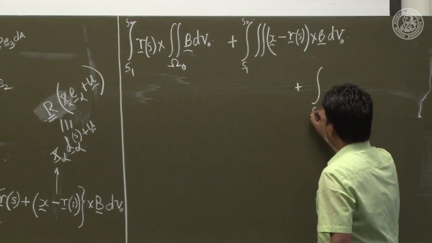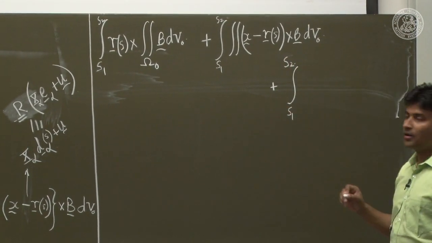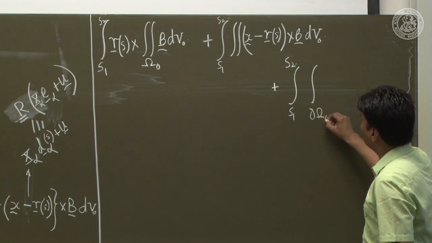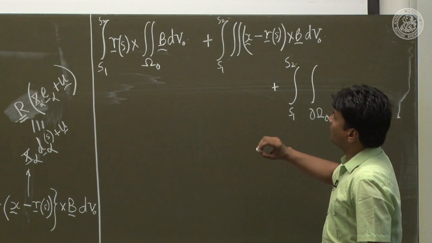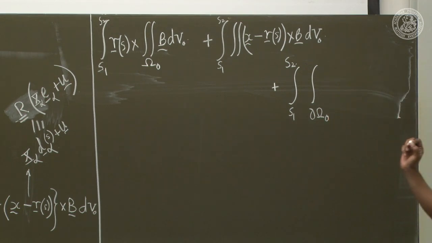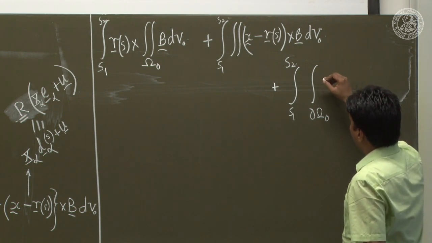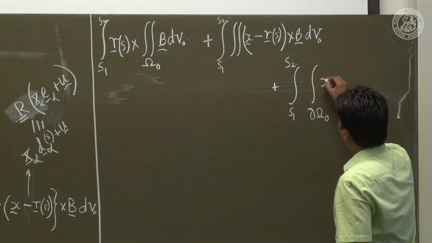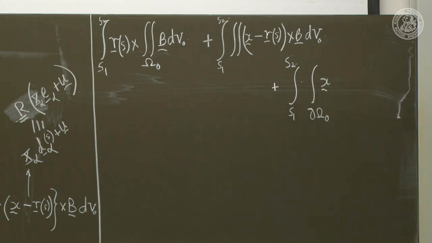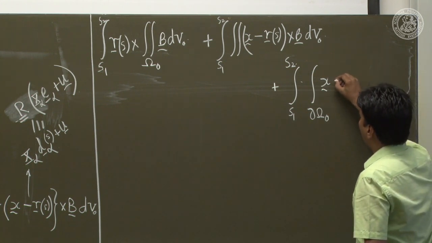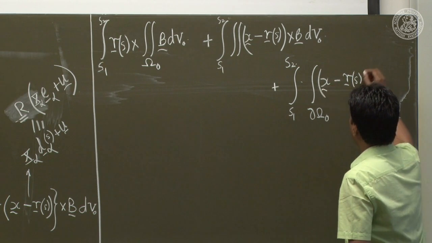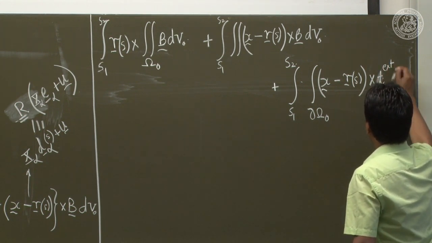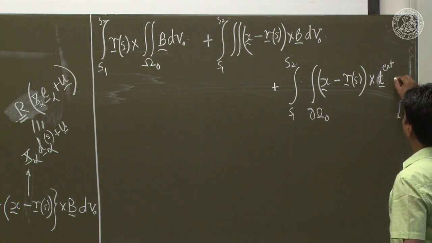That would become plus integral from S1 to S2, and again my little x minus small r of s cross T external dA.